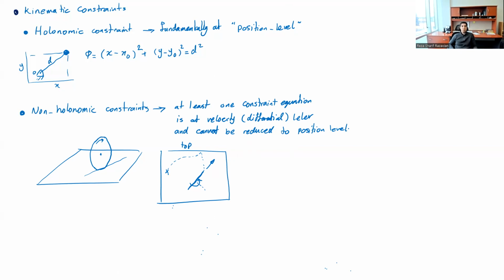It can be anywhere on the plane. However, the only thing that matters is the direction its velocity can take. And that is defined by the orientation of the wheel in space. So that constraint is what we call a non-holonomic constraint.